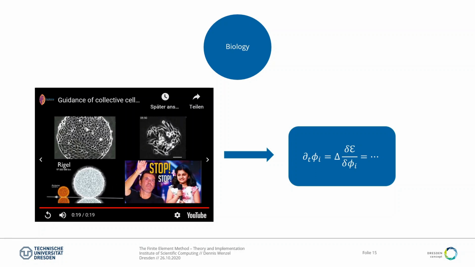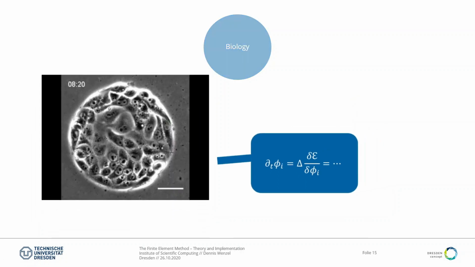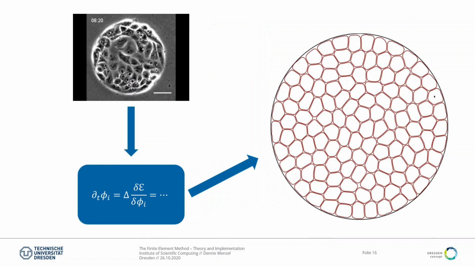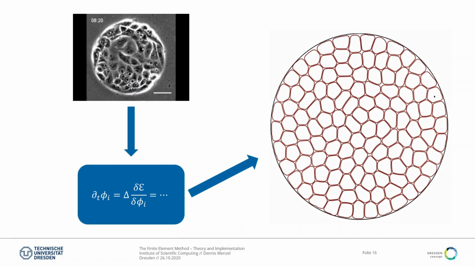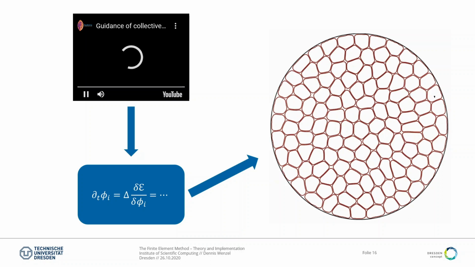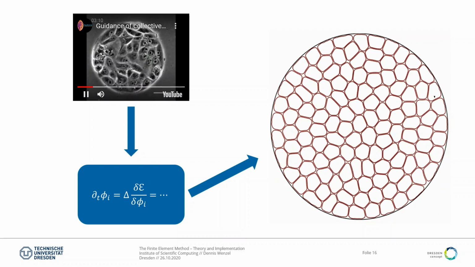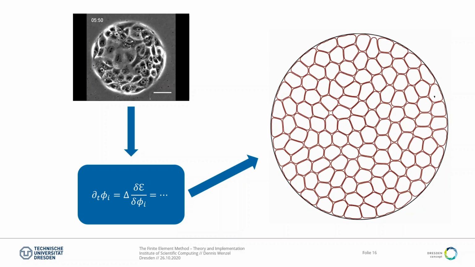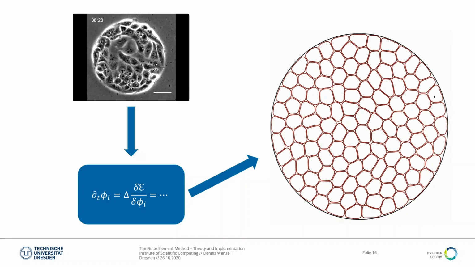Although what we have written here looks a little cryptic, we can see that if we use the finite element method to simulate the results of this, of course, a little complicated model, we get something that looks actually a little similar to what is happening on the left-hand side.